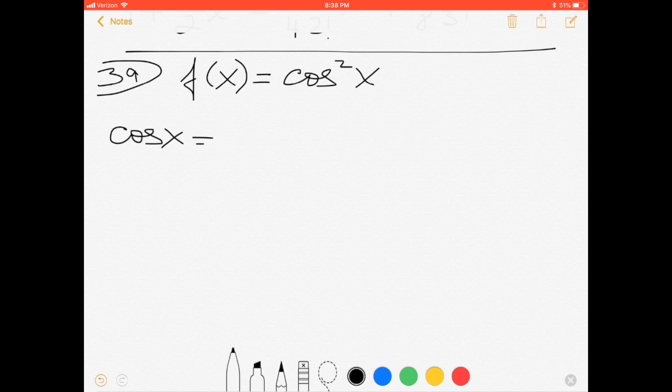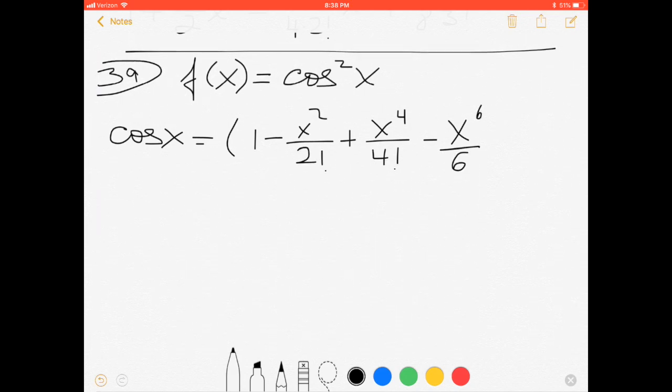Here we are asked to build the Maclaurin polynomial for function cosine x, and it will be 1 minus x squared over 2 factorial plus x to the 4th over 4 factorial minus x to the 6 over 6 factorial, and then continue. And because they ask us cosine squared, you could square it, but I'm not sure it will be very simple.